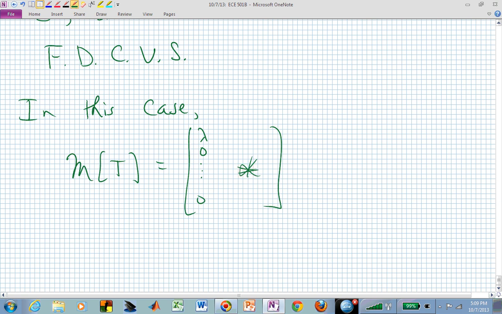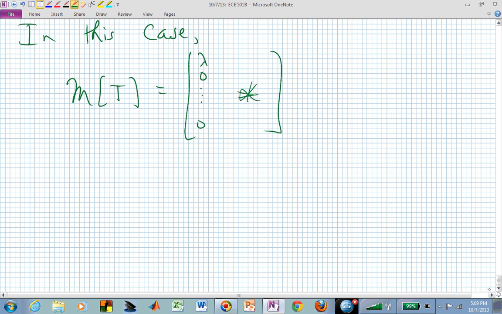Now, once we have that, what I'm saying is, how did we build up or represent a linear combination of basis vectors?